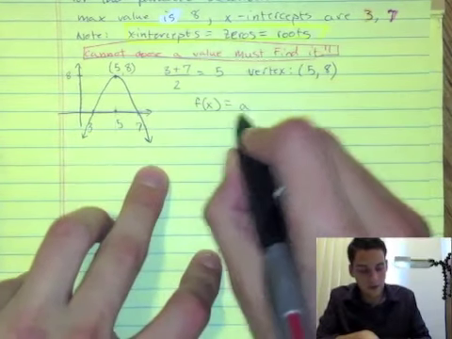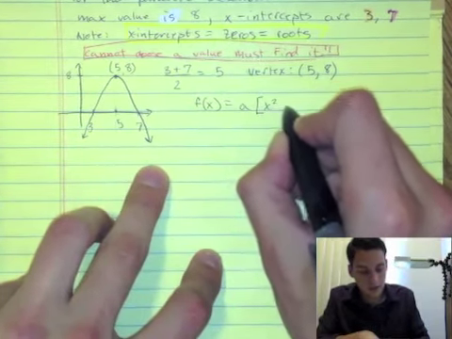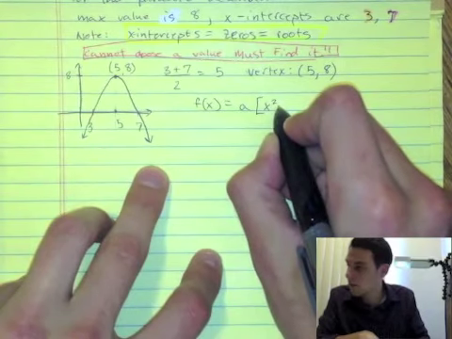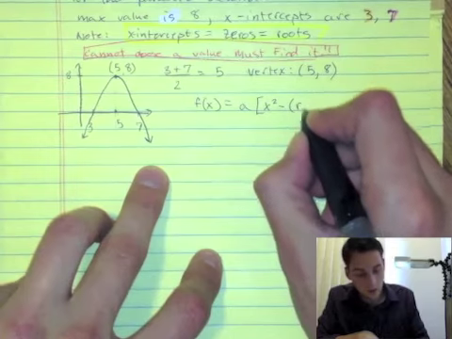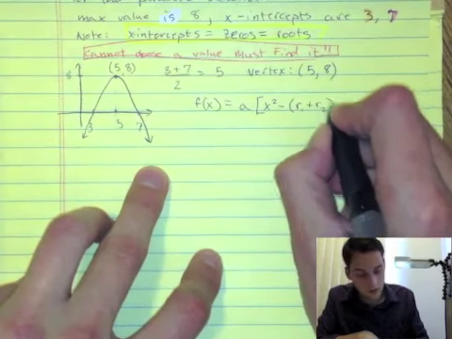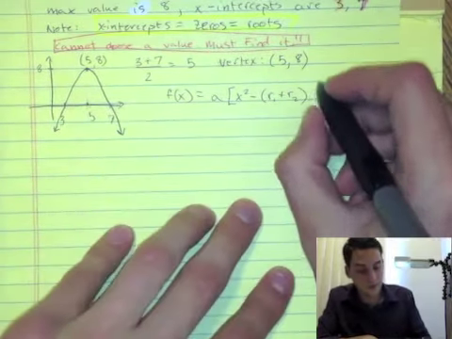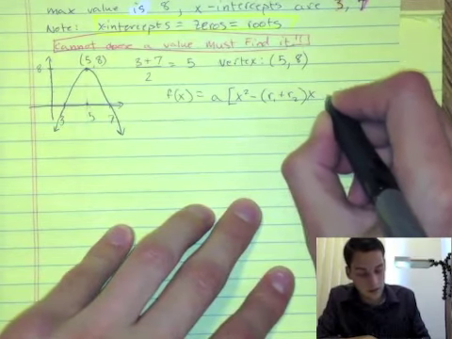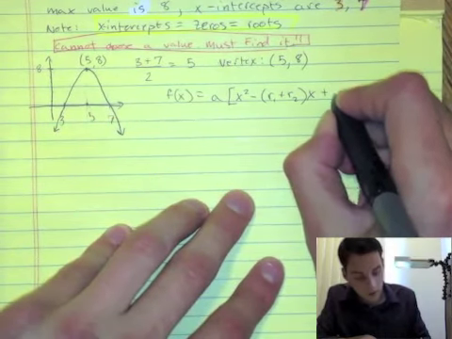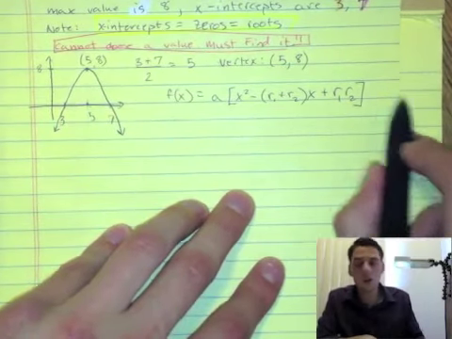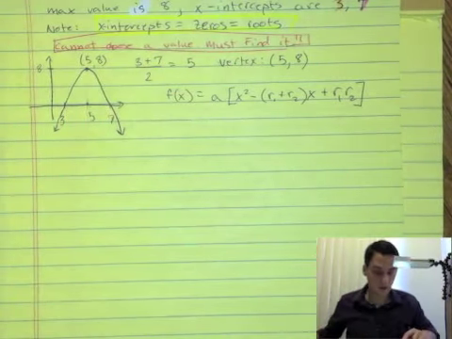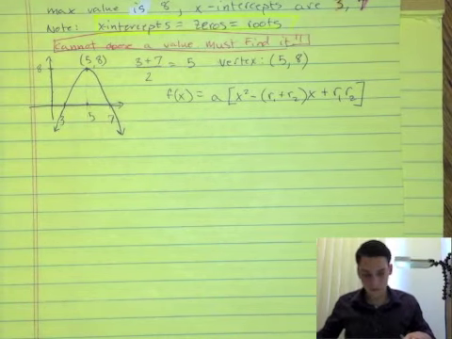So f of x equals a times x squared minus (r1 plus r2), so the first root plus the second root, times x plus r1 times r2. We don't have to put the equals 0 in this case.